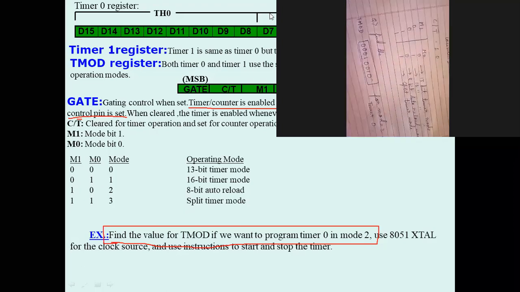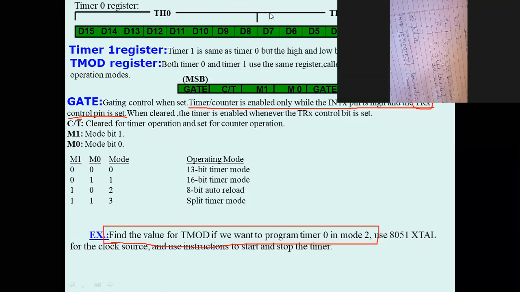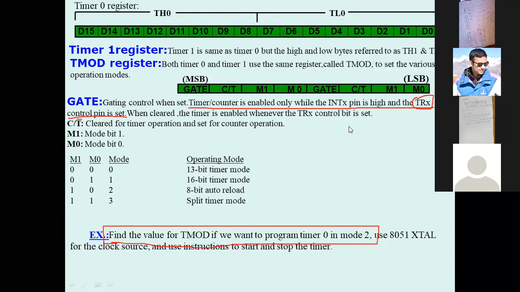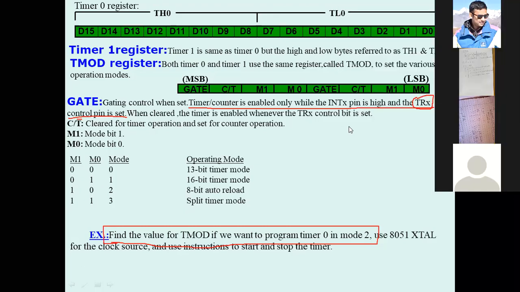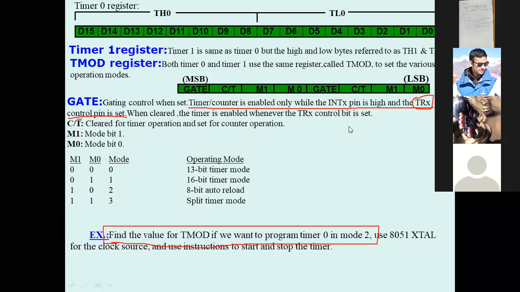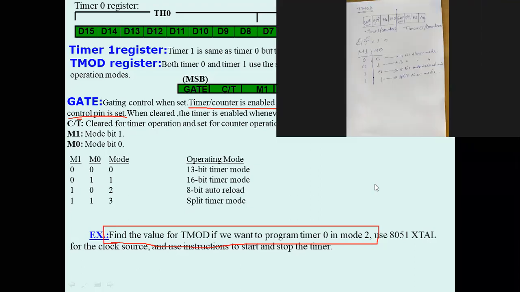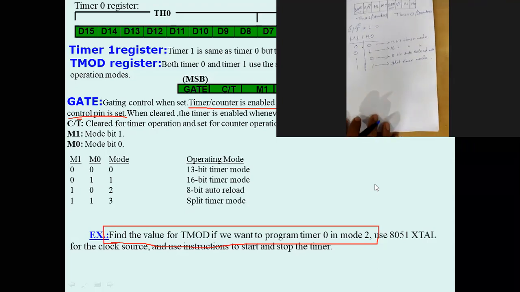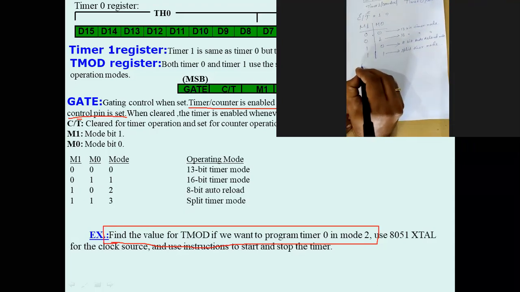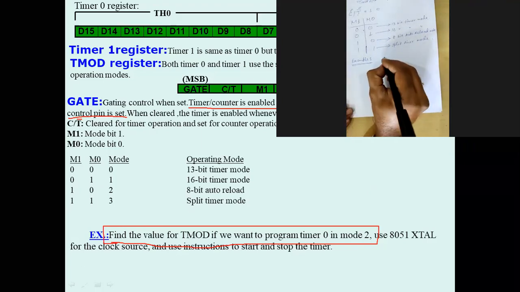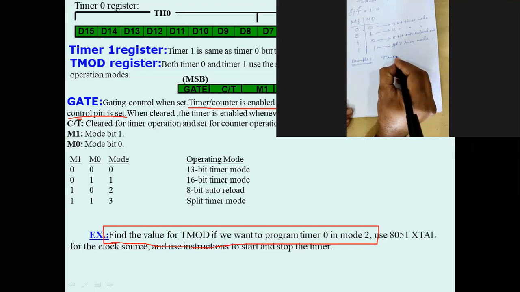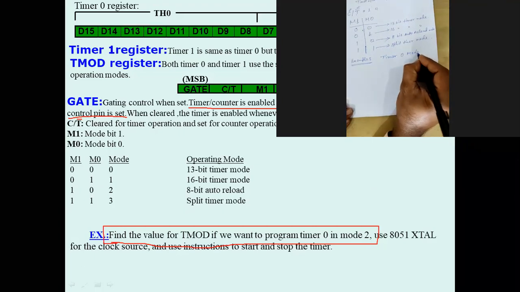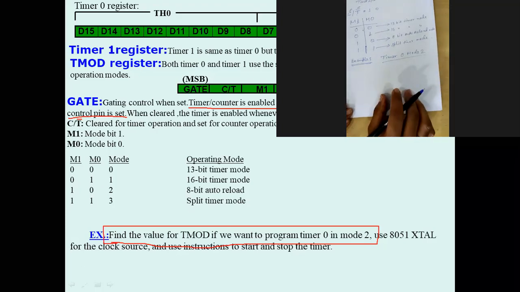So what I have understood is that it is not clear to all of you. So I'm repeating once again. You can turn your video off, Aditya. Okay. So for example, timer 0 mode 2. We need to program like this.